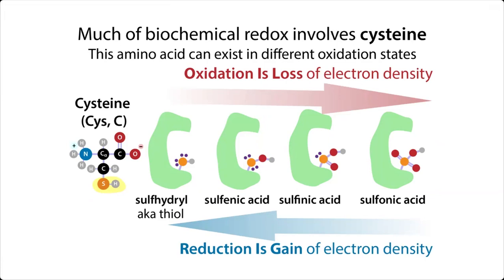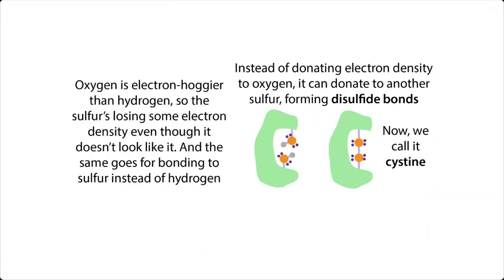That was bound to oxygen, but it turns out that sulfur is also electronegative, and it's more electronegative than carbon. It's more electronegative than hydrogen. And so it's not as electronegative as oxygen, but if you swap out a bond to a hydrogen to a bond to another cysteine, well, now what's going to be happening is that is going to be oxidation. You go from getting those electrons from the hydrogen to having to share fairly with the other sulfur.